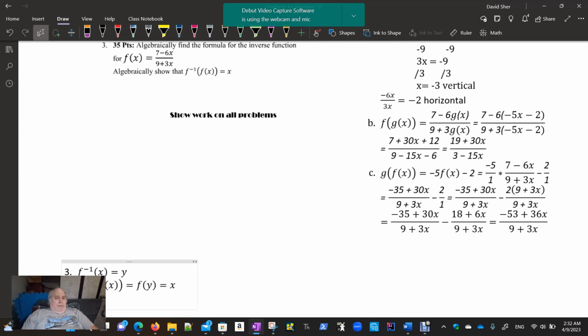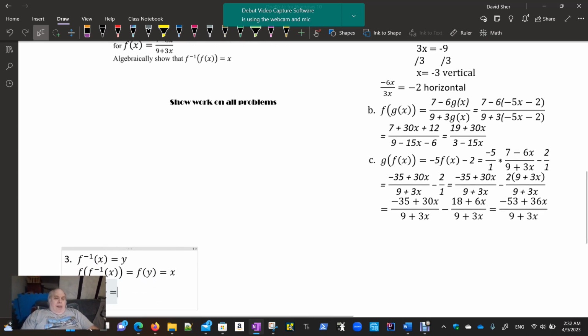And what's that going to mean? Well, now I take the formula, 7 minus 6y. You put that in math mode. 7 minus, parentheses, 7 minus 6y divided by 9 plus 3y is going to equal x, and since the left side is a fraction, we make both sides a fraction.